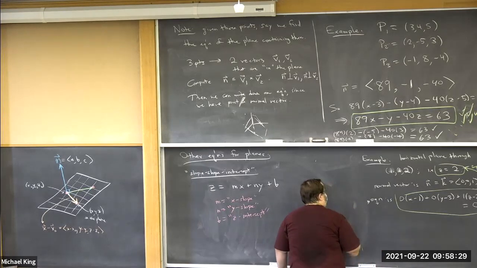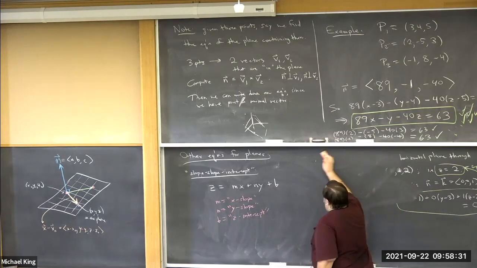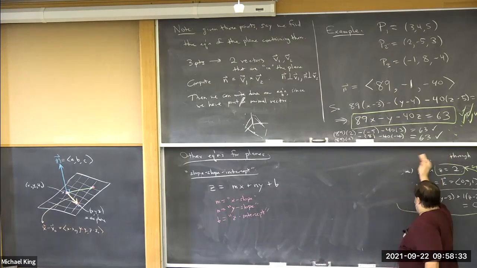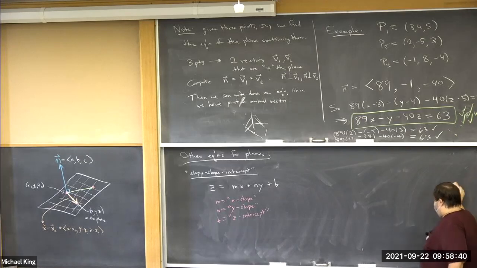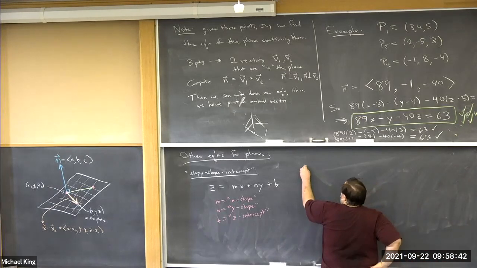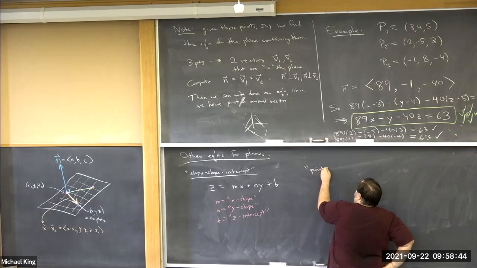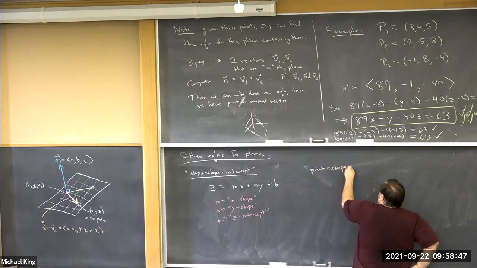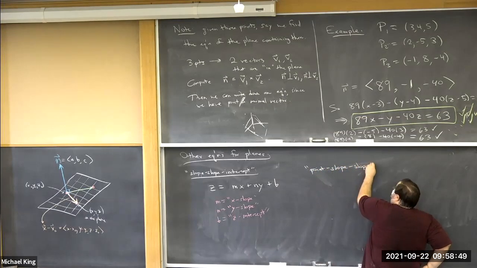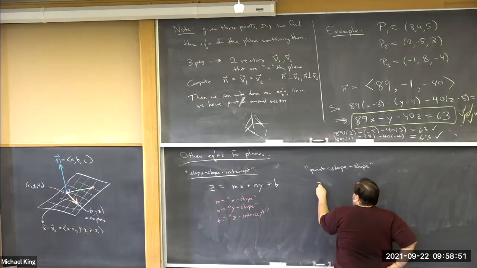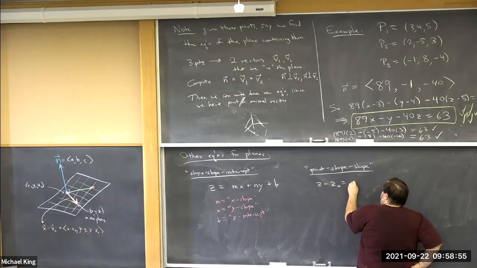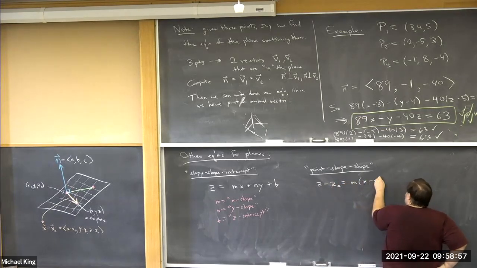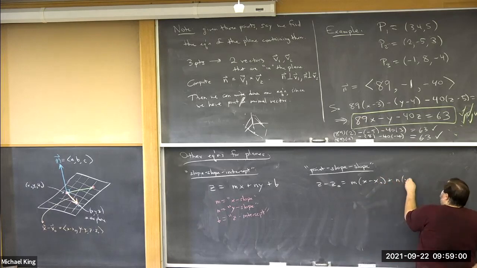And then just the other one would be like, we have point slope form. So this would be like point slope form, which seems kind of silly, but you could also do a slightly more general version. I'm just trying to do the analogs with those equations for lines, which is if you do something like this: z minus z naught equals m times x minus x naught plus n times y minus y naught.